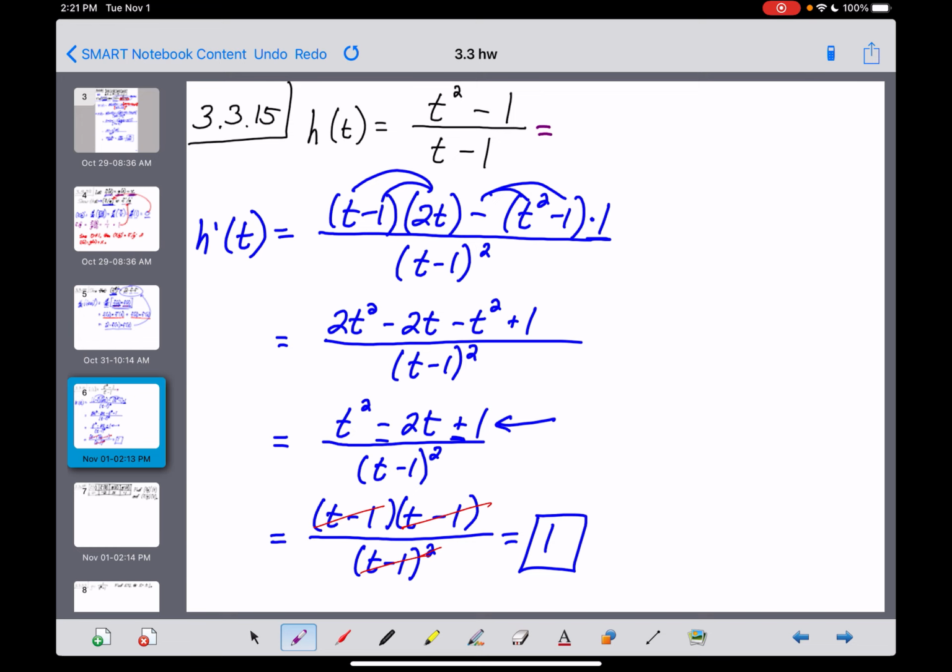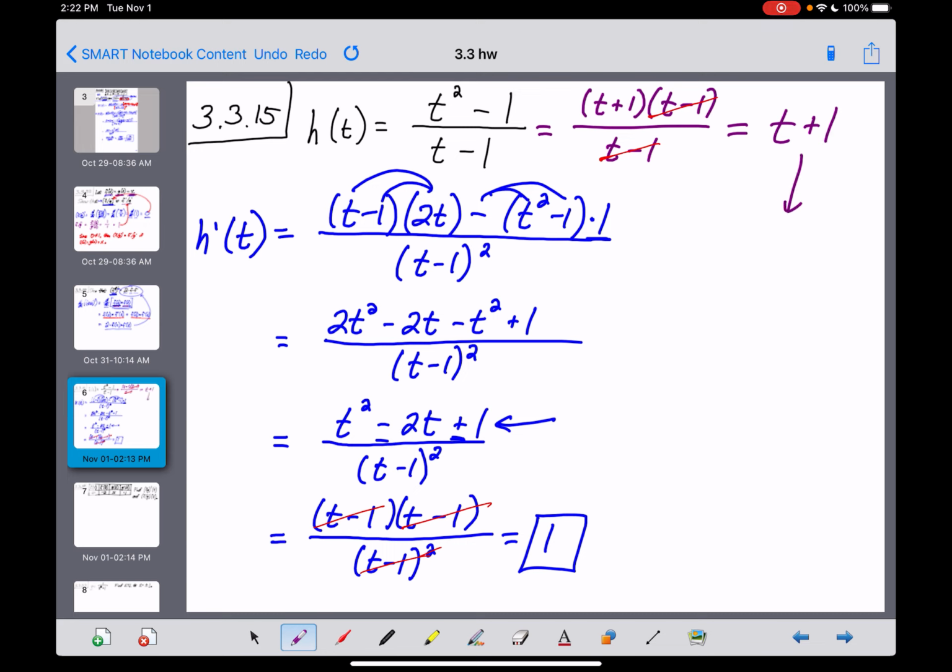That t squared minus 1 is a difference of squares. It factors into t plus 1 times t minus 1 all over t minus 1. And sure enough, the t minus 1 on the top and the bottom cancel each other out, which means the value of the original function, h of t, simplifies into just t plus 1.